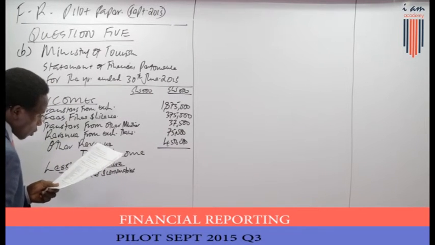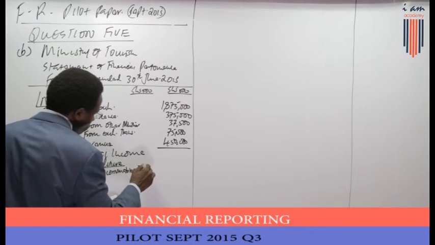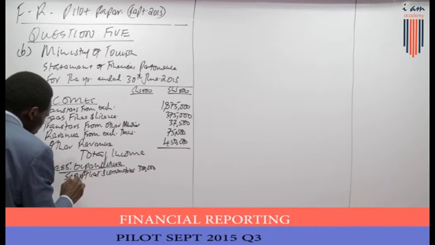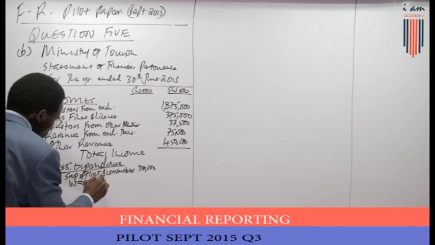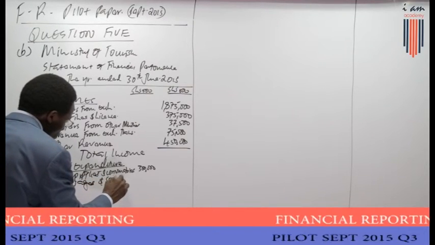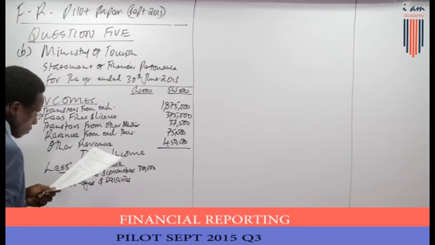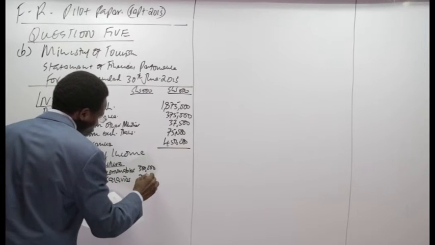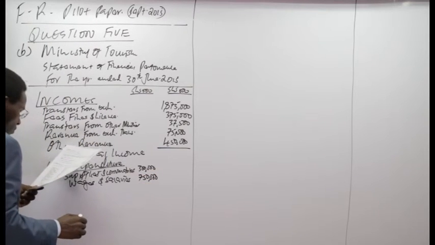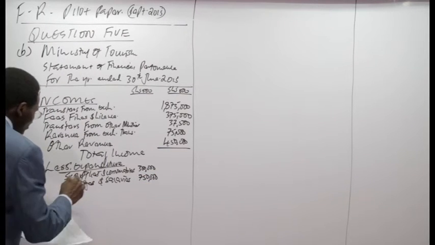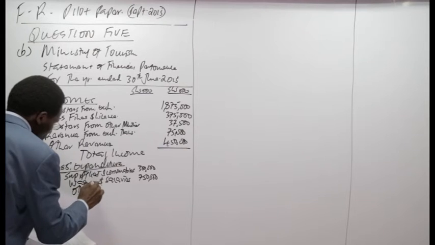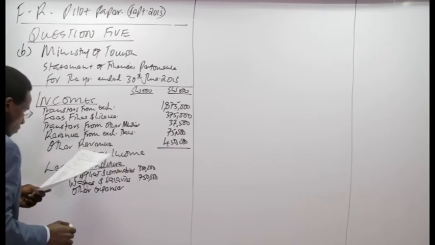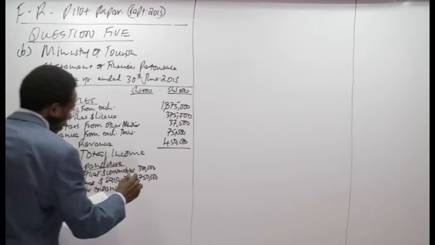Supplies and consumables used is 300,000. Wages and salaries, $750,000. Other expenses, $900,000.